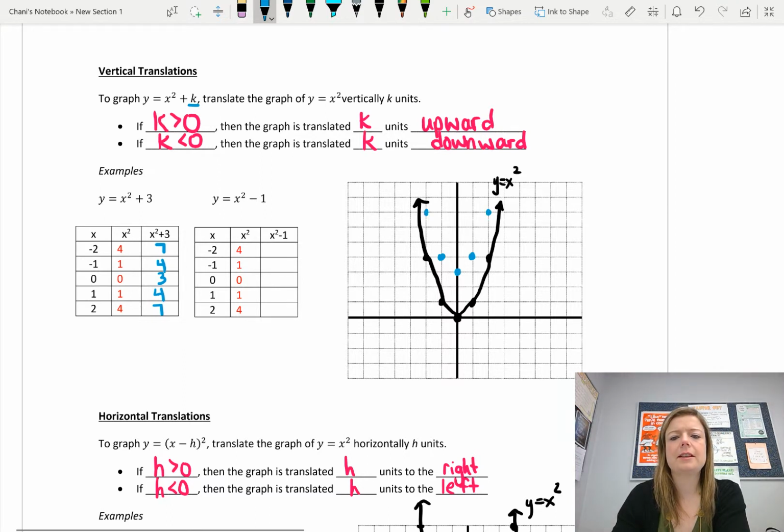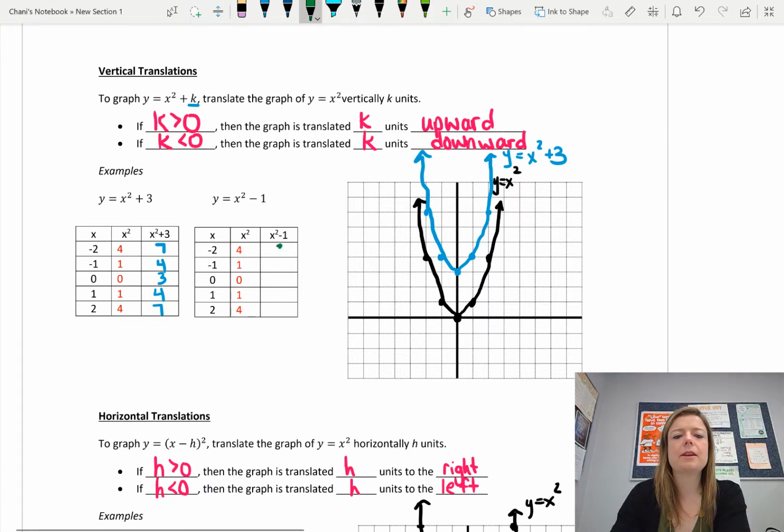So it's the exact same shape. It's the exact same width, just moved up. That's it. So that's y equals x squared plus 3. And if you subtract 1, then you take your x squared values, which we already calculated, and then just subtract 1 from them.